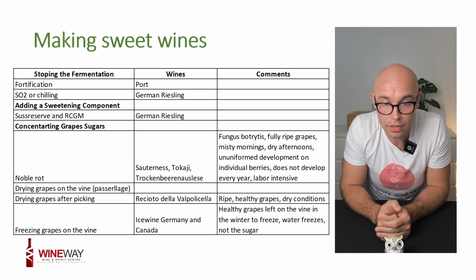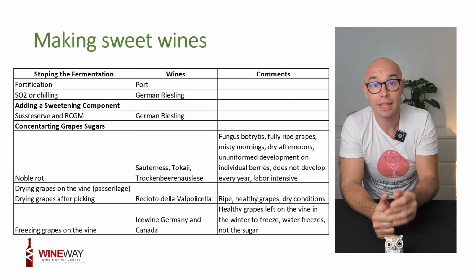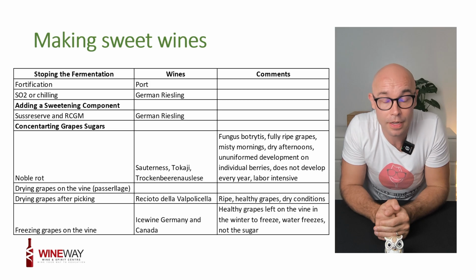So fungus, botrytis, fully ripe grapes, misty mornings, dry afternoons, uniform development on individual berries. It does not develop every year, and it's a very labor intensive and expensive way to produce sweet wines.